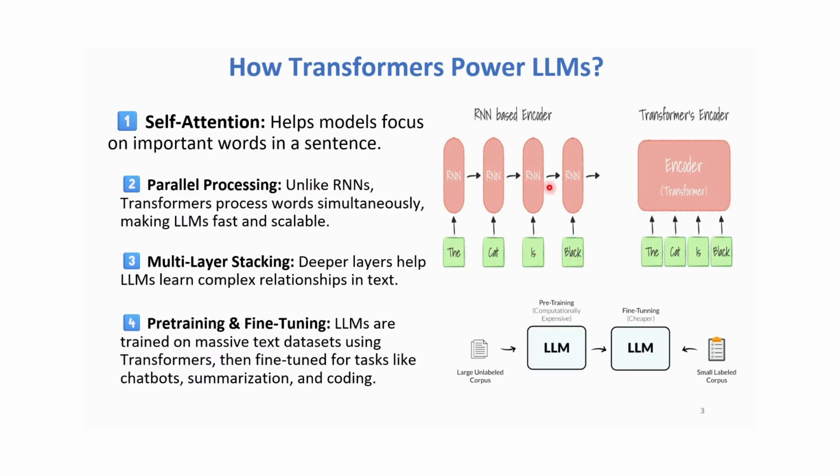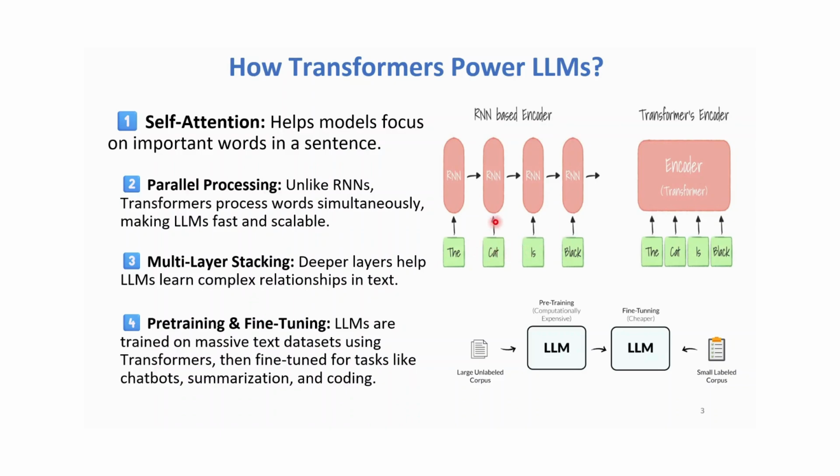What happens in an RNN at time step T1? The word "the" is passed into the RNN. Then in the second time step, the information of "the" is also passed as history to the next level, along with the second time step input, "cat". It is a sequential model, so this is how it captures the relationship between the words sequentially.